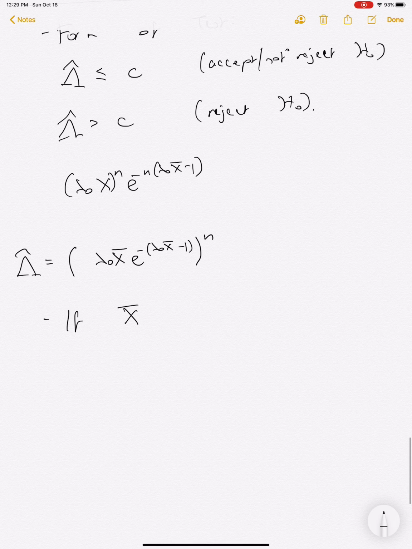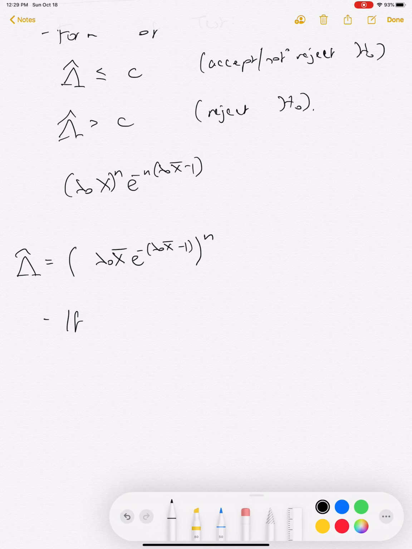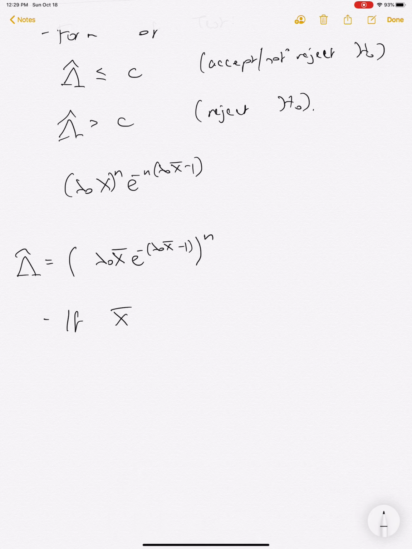If x bar times lambda 0 is close to 1, this gamma hat gets smaller, and that's consistent with that.